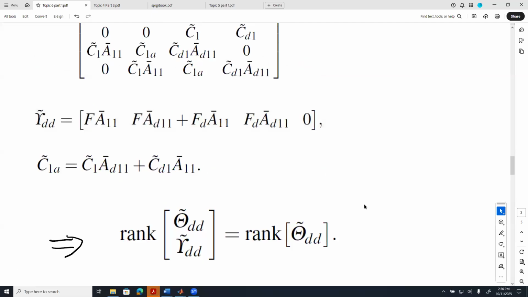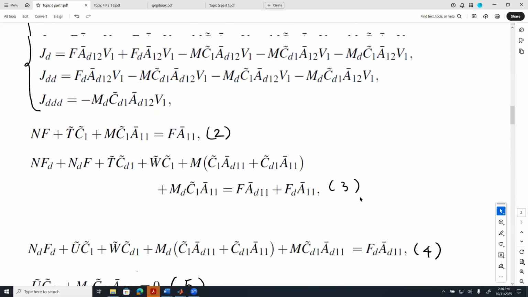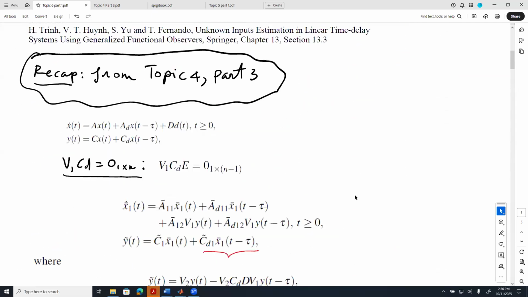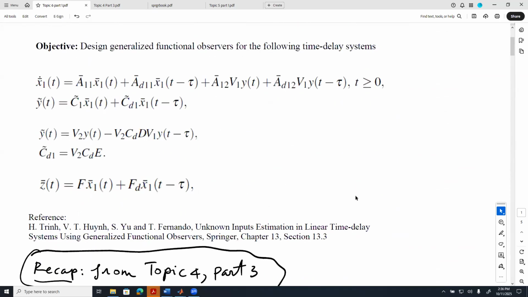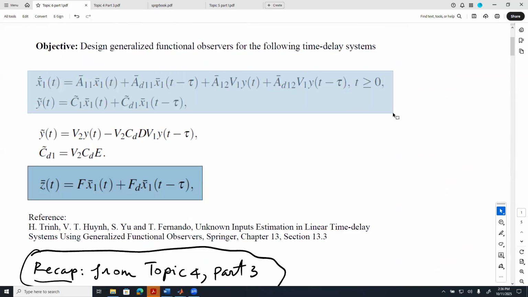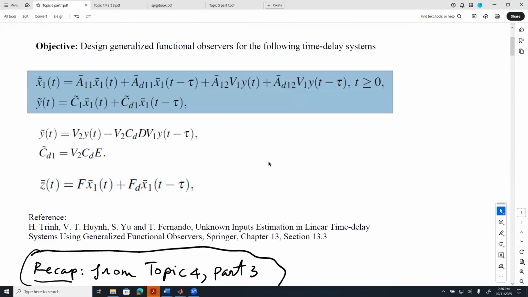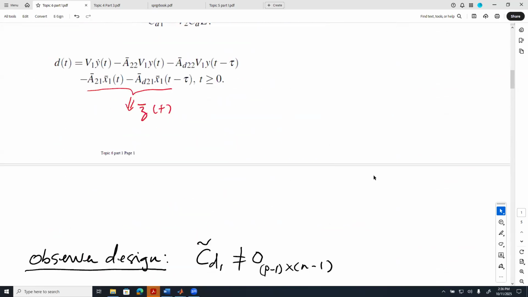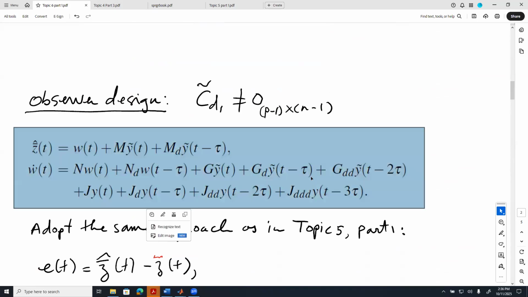Okay, so in summary, as far as the problem of designing a generalized functional observer to estimate this generalized functional for this class of time delay system, it can be done. We have presented the observer structure for it.